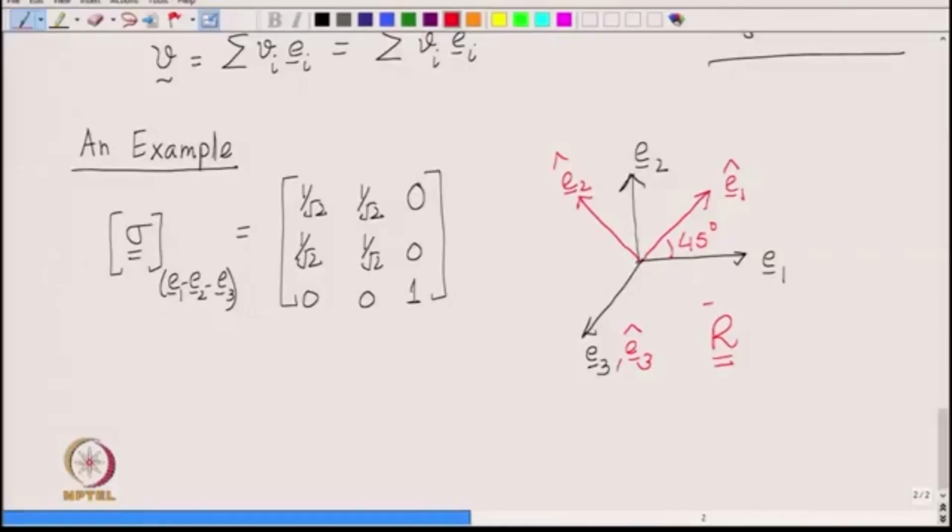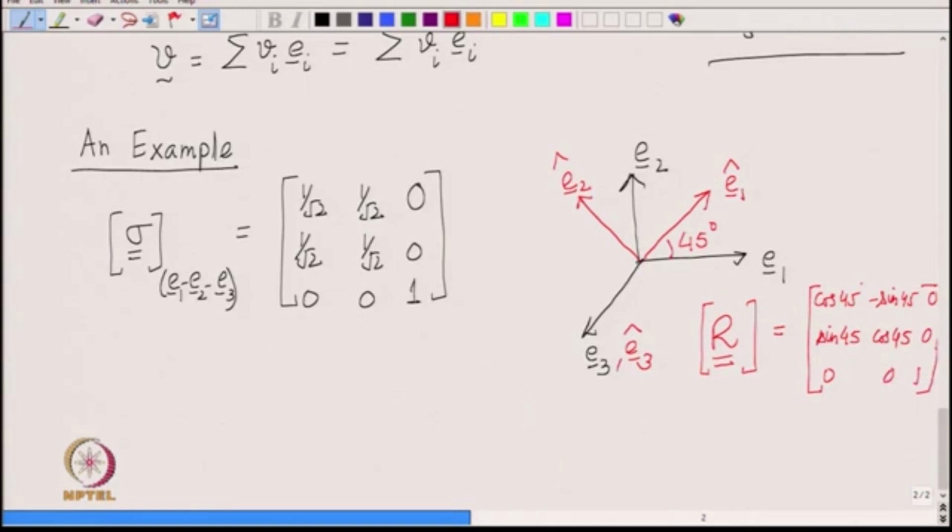So, you must have learned from your first year mathematics class, this is cos 45, minus sin 45, okay, I am running out of space, 0, then sin 45, cos 45, 0, 0, 0, 1.